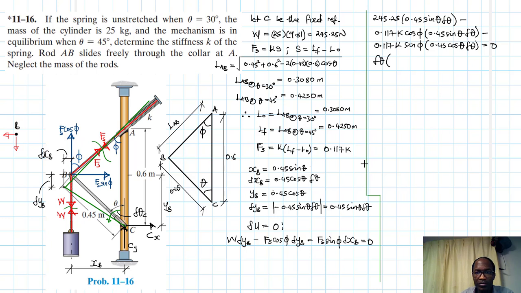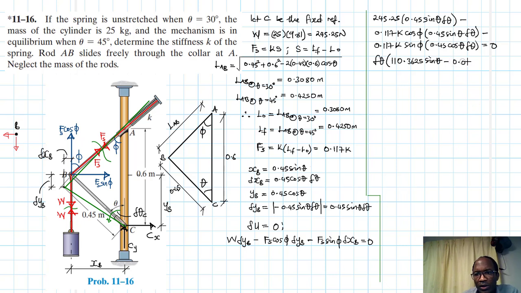We have 245.25 by 0.45. So this gives us 110.3625 sine theta, and then minus this other part, which is 0.117 times 0.45.